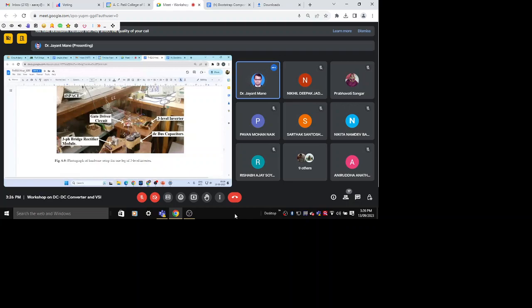The project took about 1,000 hours. Three phase inverter, hardware results. These are hardware results. A very big complete hardware.